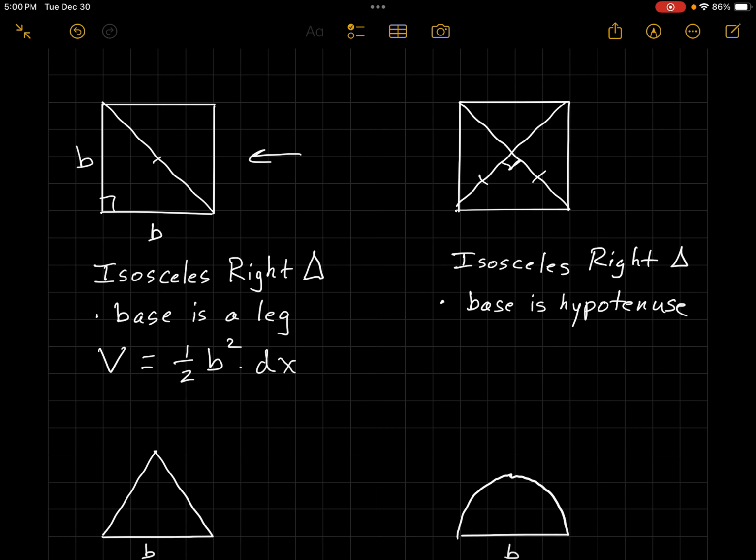But what if the isosceles right triangle is such that the base is a hypotenuse of the isosceles right triangle?